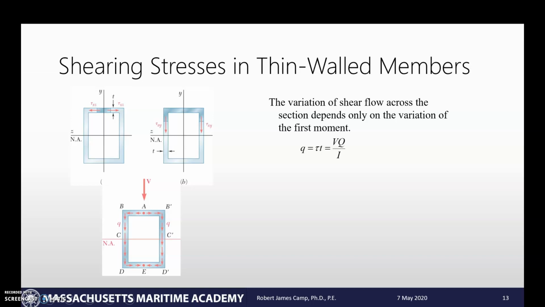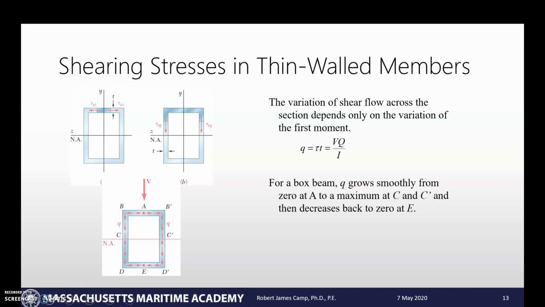Now for the box beam, the reason this one's important is because it's a closed-in shape. It's going to start at 0 at the top, at point A, and it's going to flow around.